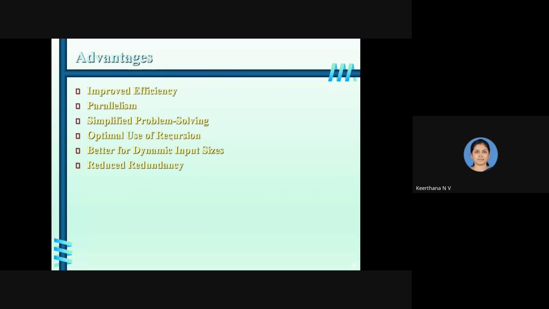So what are the advantages? The first thing, while considering the divide and conquer method for solving your problems, you can achieve improved efficiency. It means that it can often reduce the time complexity when compared to iterative approaches. So in divide and conquer, while combining an iterative approach or a recursive approach, it offers time reduction.